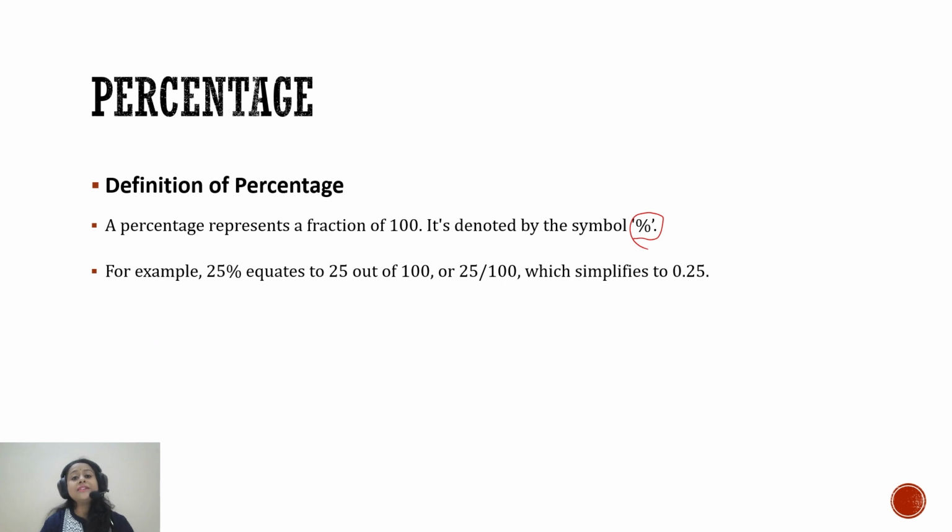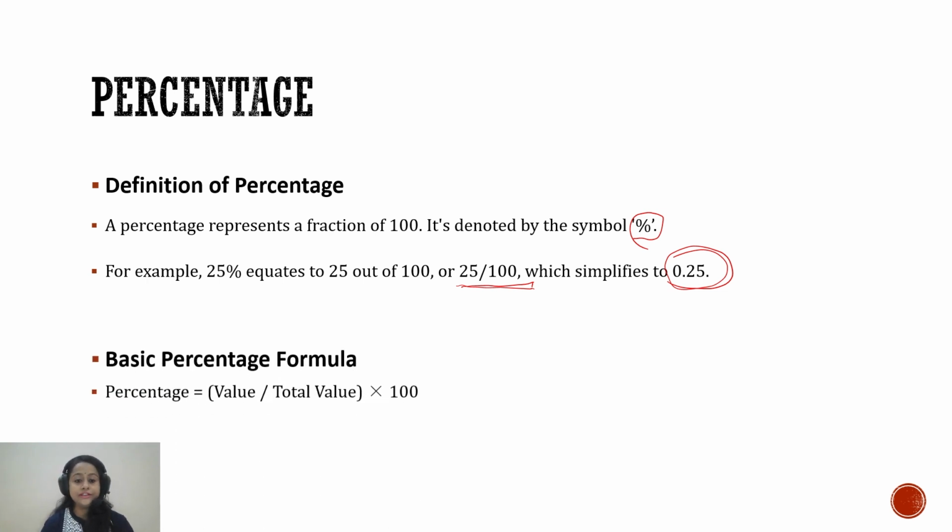For example, if I say 25% profit or 25% increase in price, it means 25 out of 100, which is 25 by 100. 25 out of 100 means 25 divided by 100, and it will lead to the decimal number 0.25. This is how percentage is represented. We represent any value, any number in terms of percentage, right?